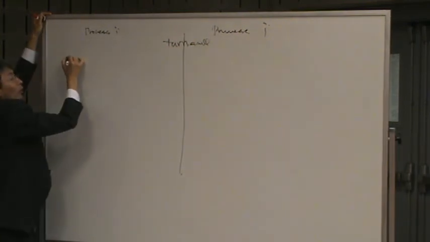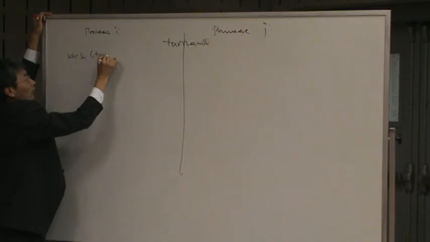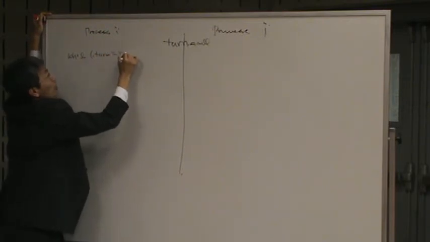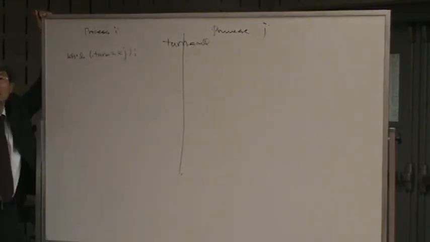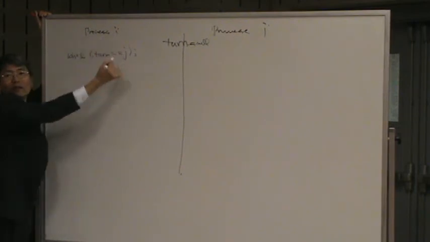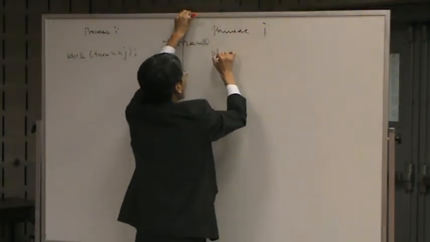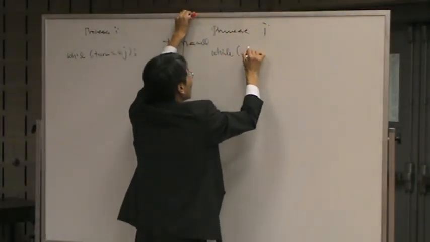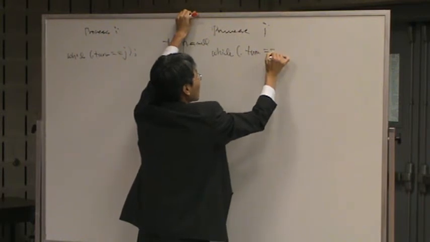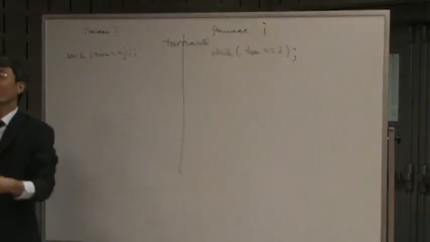Then while turn is J, which means I do not have the key, so it keeps waiting in the loop. Similarly, process J: while turn is equal to I, it's waiting forever.